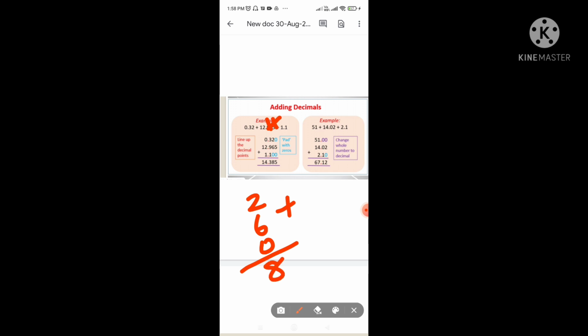So under the hundredths place you put 8. Then you come to the tenths place. There you have 3, 9 and 1. We need to add, children. So 3 plus 9, 12. 12 plus 1, 13.